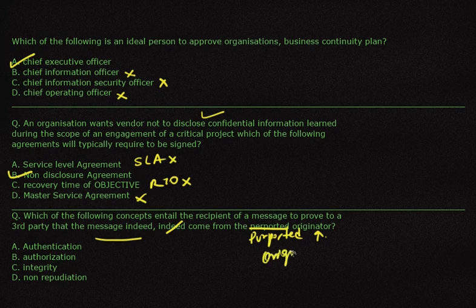The answer to this question is non-repudiation. Authentication is not even valid. Authorization is with regard to access to resources, integrity is also not valid. So the answer is non-repudiation.